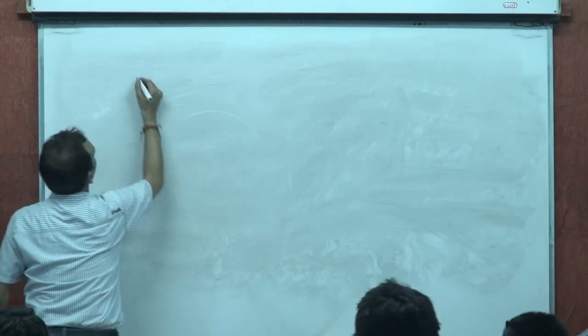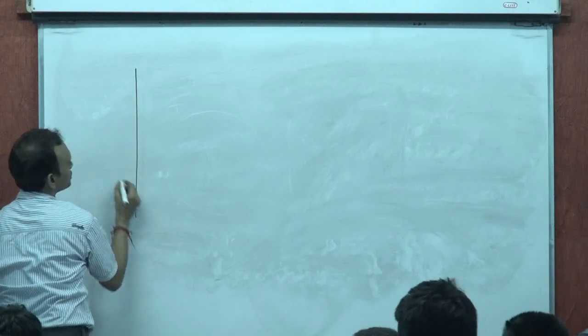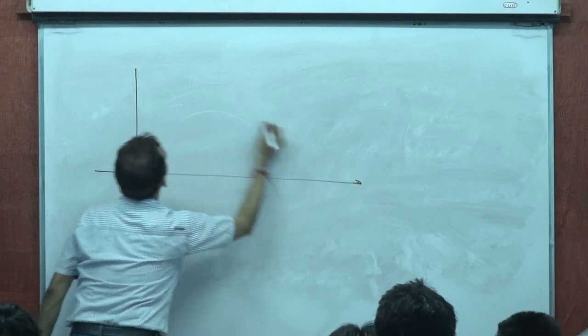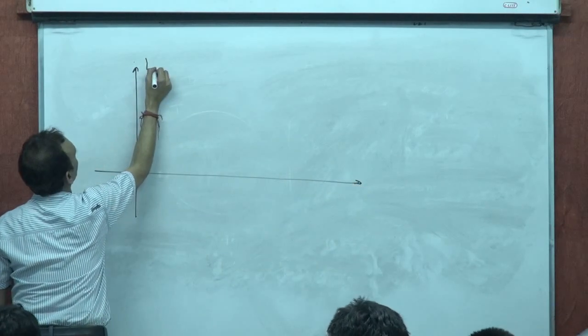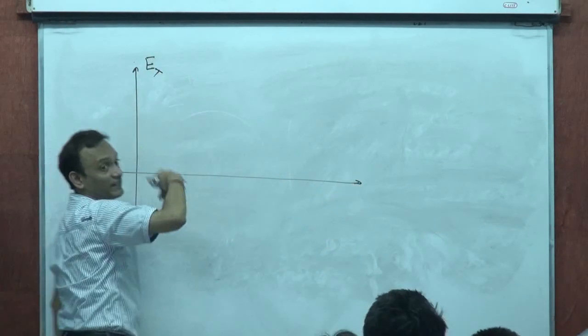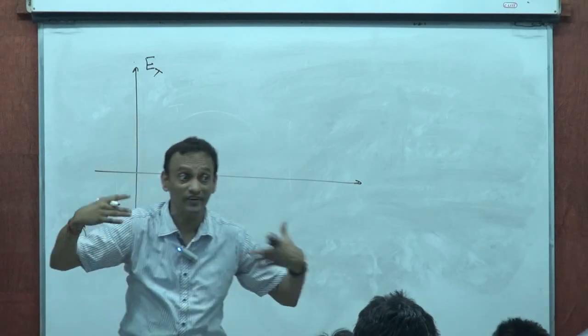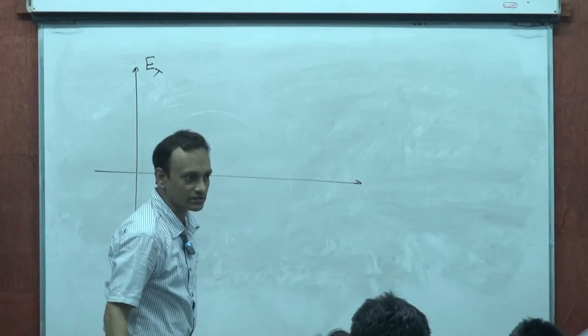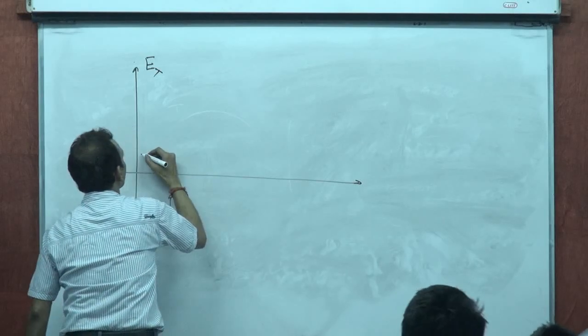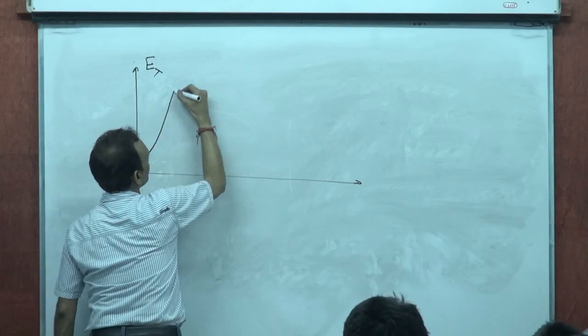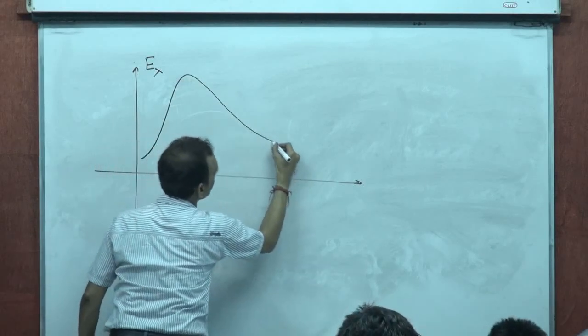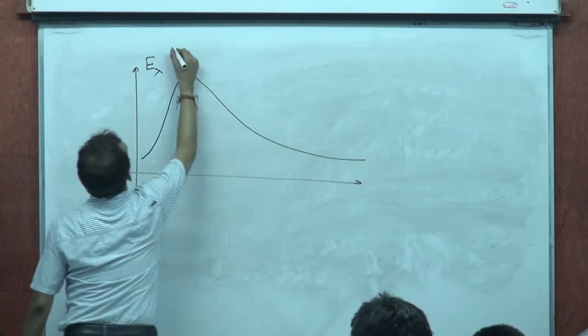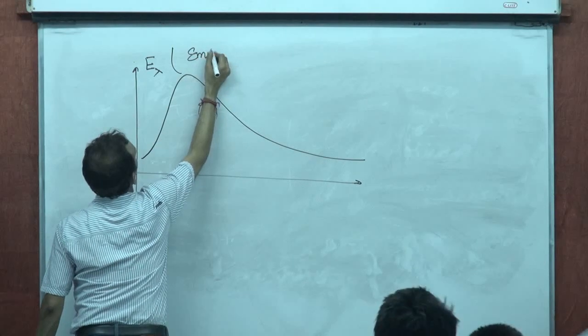Essentially, at a given temperature T, the emission characteristics as a function of the wavelength, like I said, all possible wavelengths are included. As a function of wavelength, this is called emissive power.